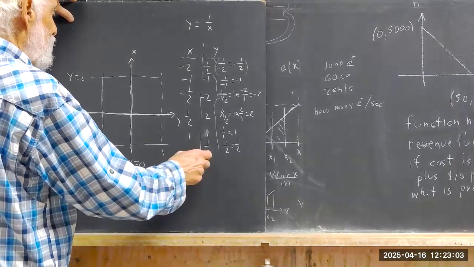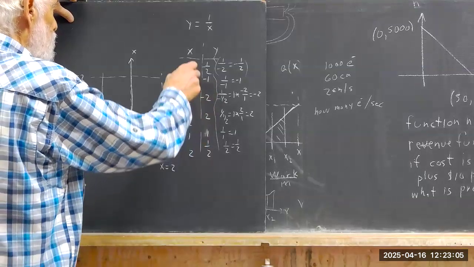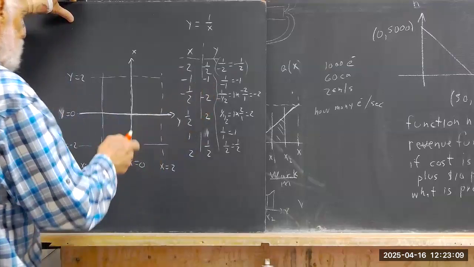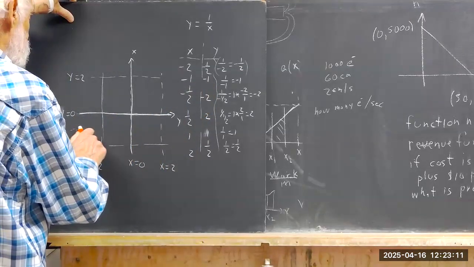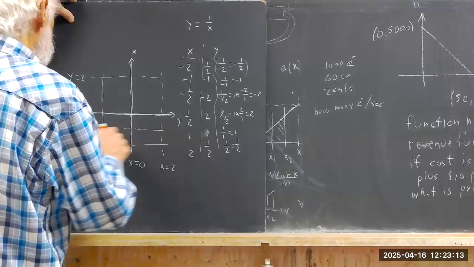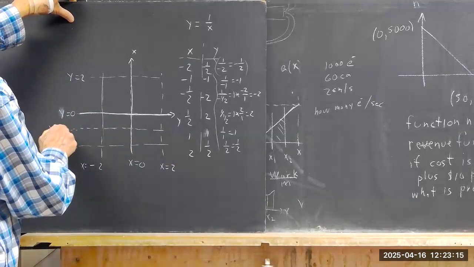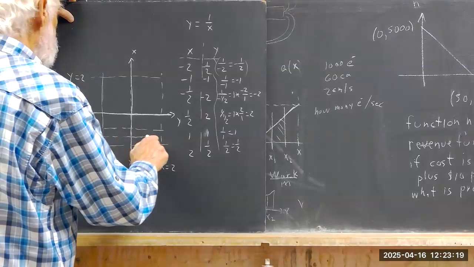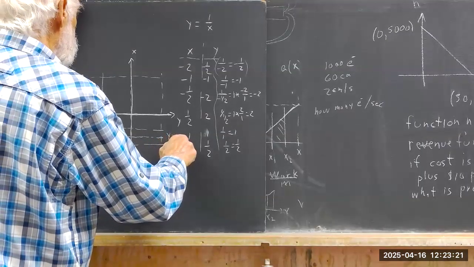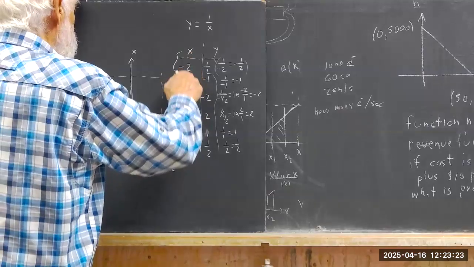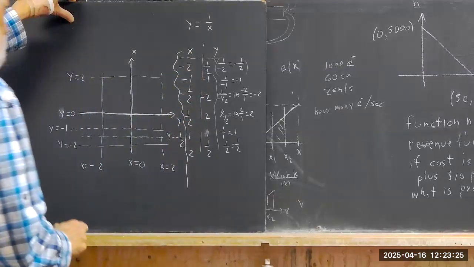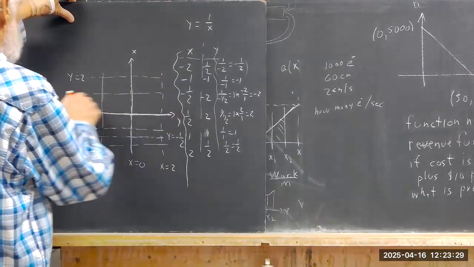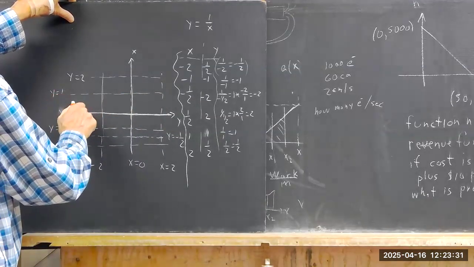Now I have these values of y and these values of x. I also need ones and one halves, negative ones and negative one halves. So right here is y equals negative one. Right here is y equals negative one half. And up here is y equals one.